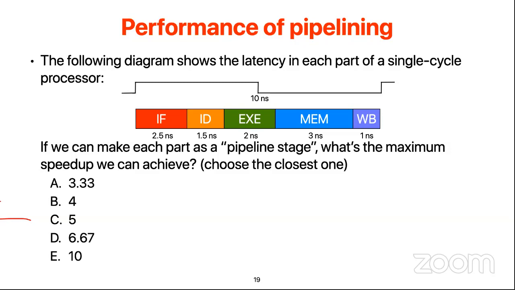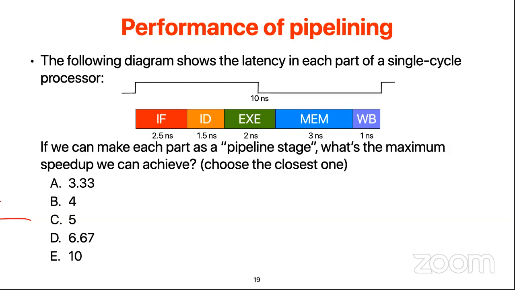All right, can some of you tell me what your group is talking about? What do you guys think? Okay, Byron. There was an equation in the textbook that said the maximum speedup is the latency of the non-pipeline version over the number of stages.